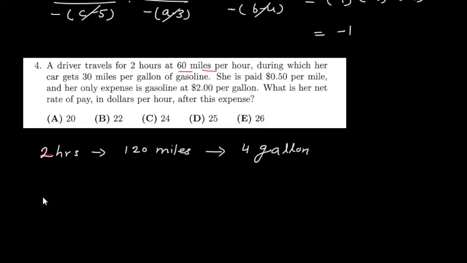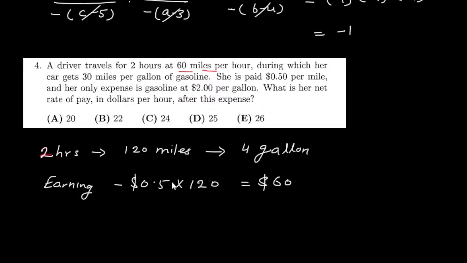So here if we see the earning, it is $0.50 for 1 mile. So for 120 miles it is $60. This is her earning.